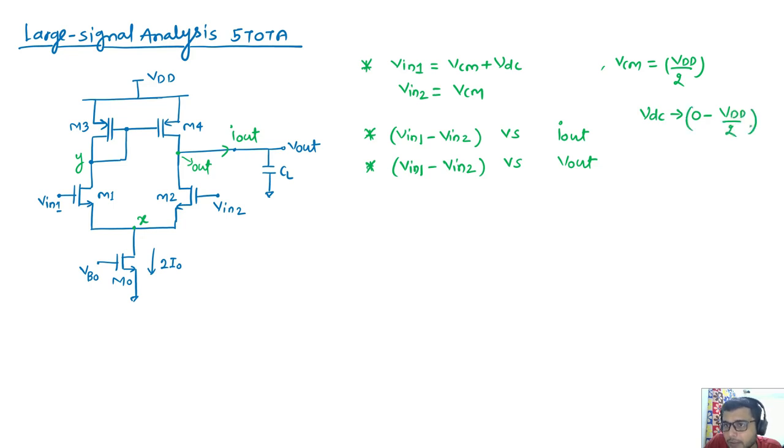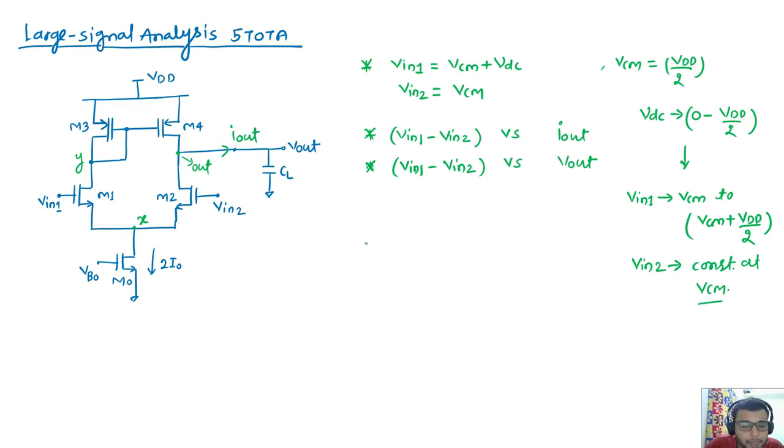So what exactly we will see is that my input one is actually varying from VCM to VCM plus VDD by 2. And what about my input 2? It is constant at VCM.